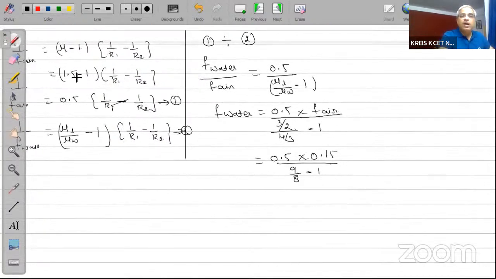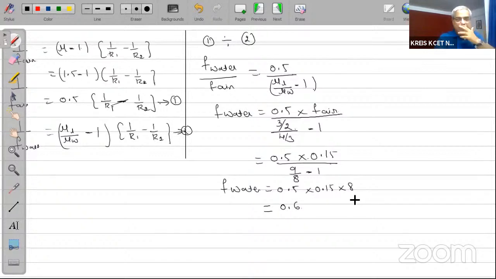So the focal length in water will turn out to be 0.5 into 0.15 into 8. If you multiply all these, you will get 0.6.